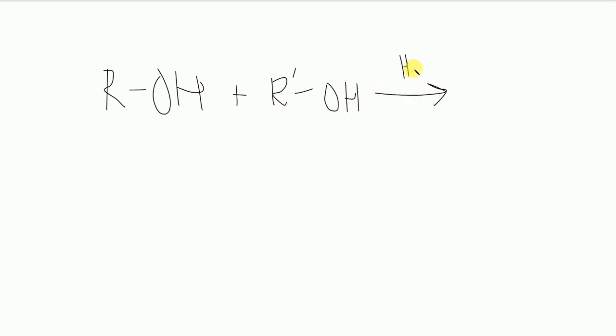If I use something called R, and I have ROH, and I combine it with R prime, and let's say it had a different number of carbons on it or structures, and I use H2SO4, 140 degrees Celsius, I would get combinations of ethers.